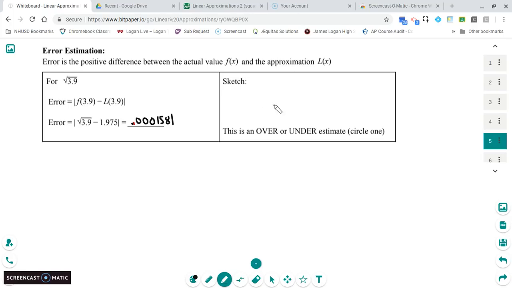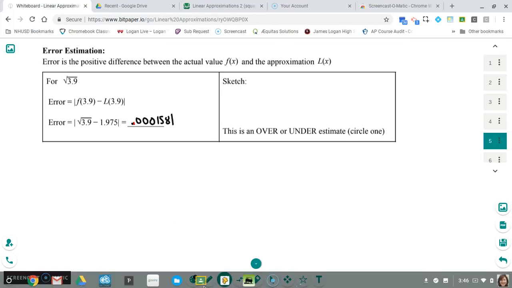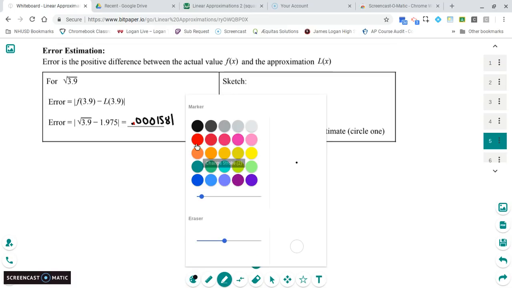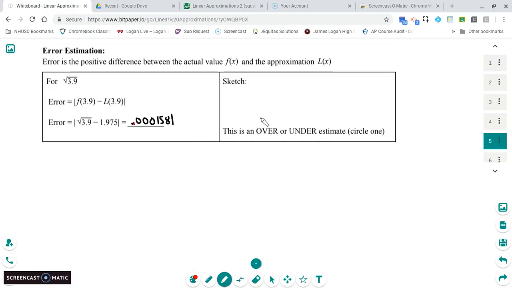Okay, and so the idea here is if you have that curve, do a little quick sketch, there is a gap. So if this was y equals square root of x, that's my curve. And then I have this point, this tangent line. That doesn't look like it's right on the curve, but you know my meaning.